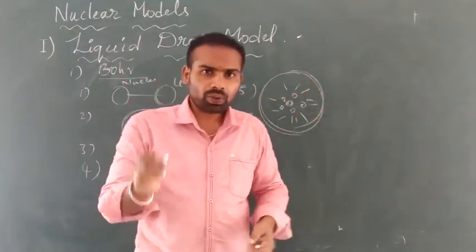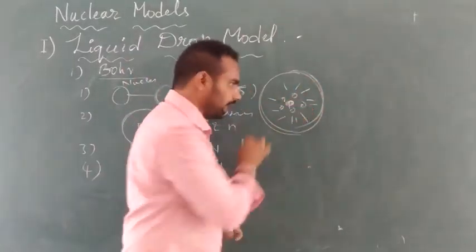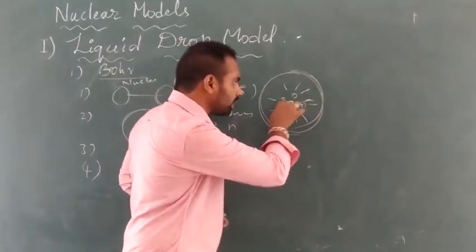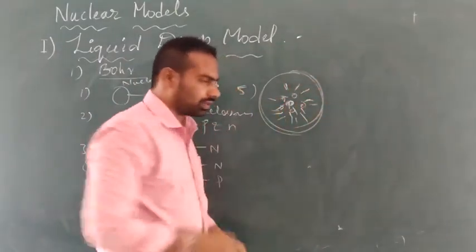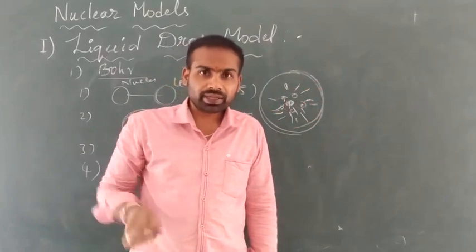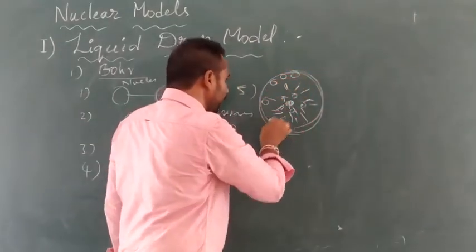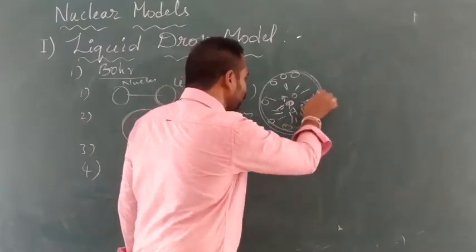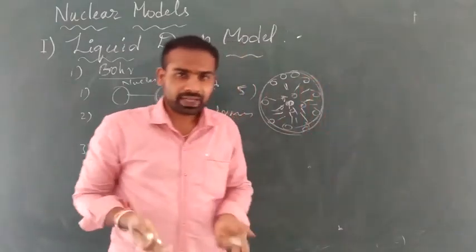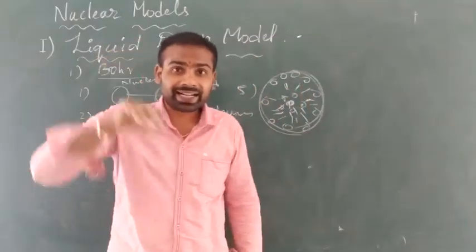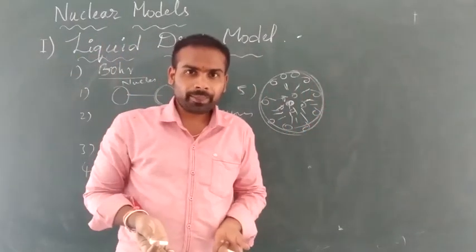For example, any proton or neutron present in the middle of the nucleus will be attracted from all sides of the neighboring nucleons, whereas the protons and neutrons present on the surface will be attracted only from one side, not all sides, okay.